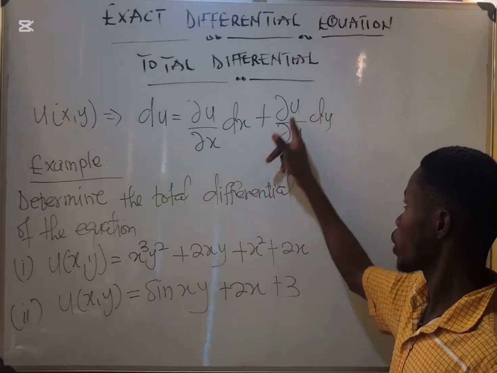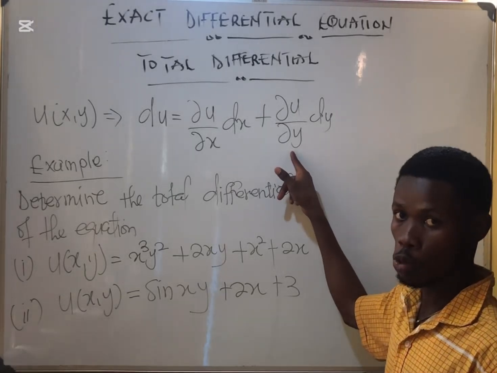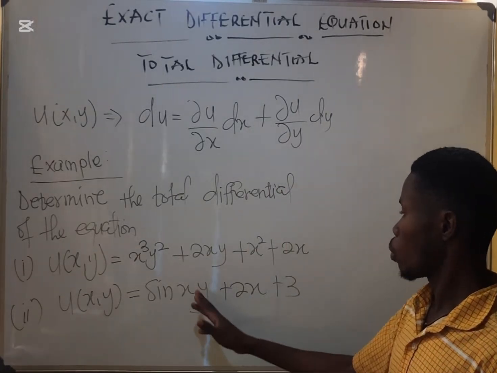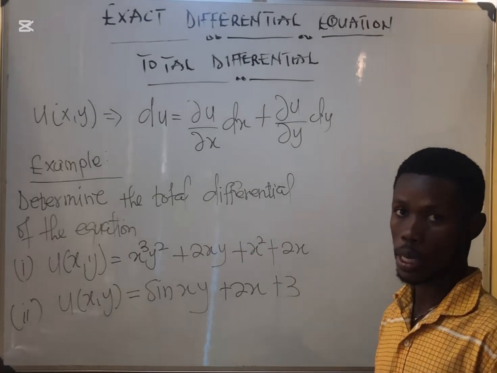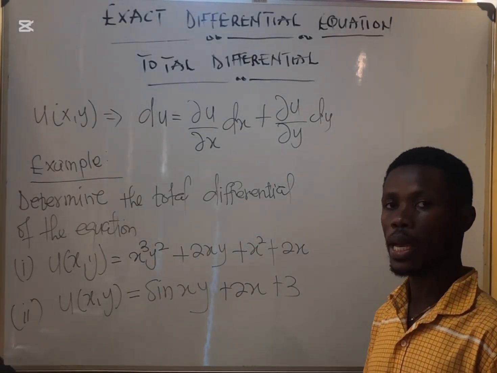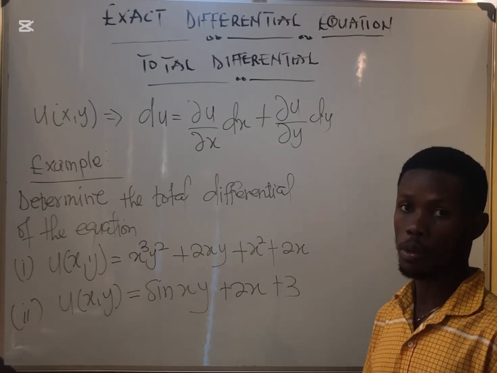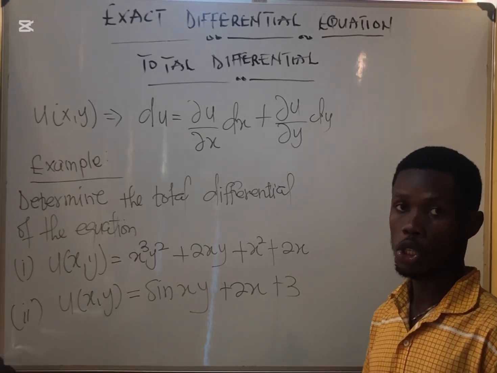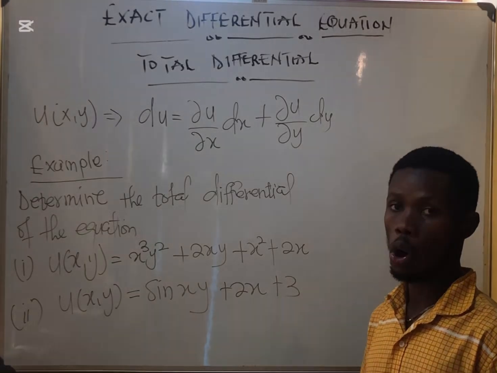And the partial with respect to y means that anything that is x also becomes constant. So when you are dealing with y, x becomes constant. When you are dealing with x, y becomes constant. That's the meaning of the partial derivative. We are going to use that partial here, so take note of it.